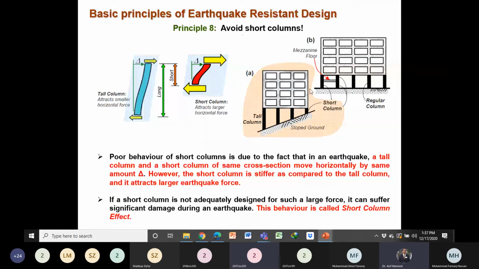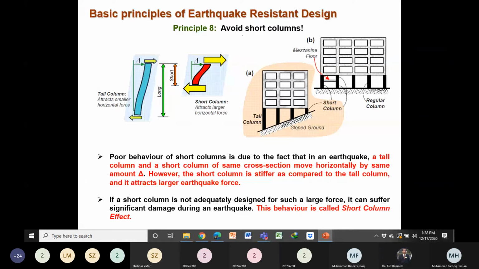We can design the column in such a way that we can increase the stiffness. Yes sir. We have to properly design this kind of column, for example, for this kind of lateral displacement.